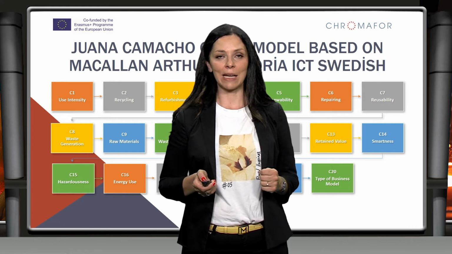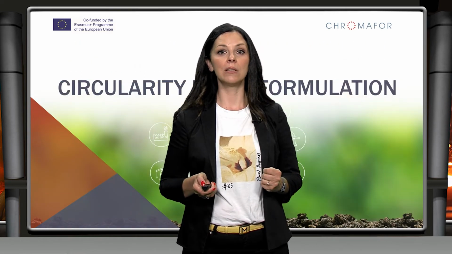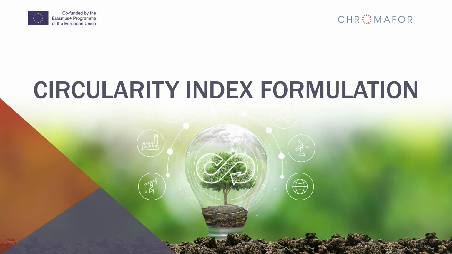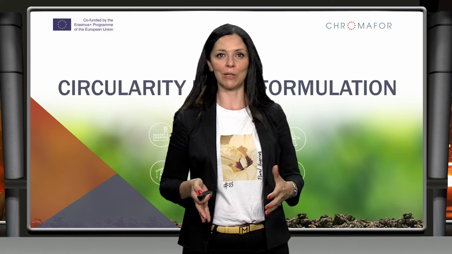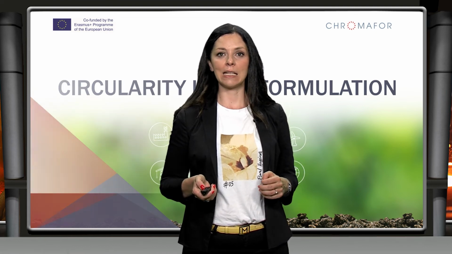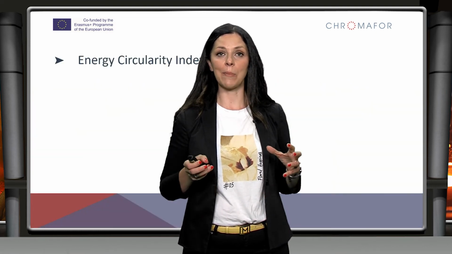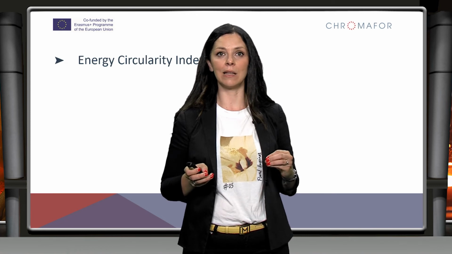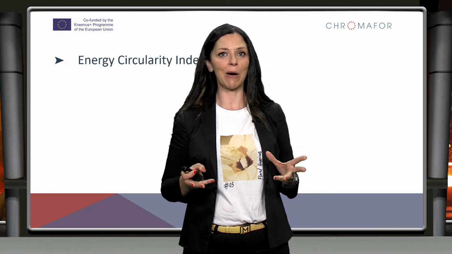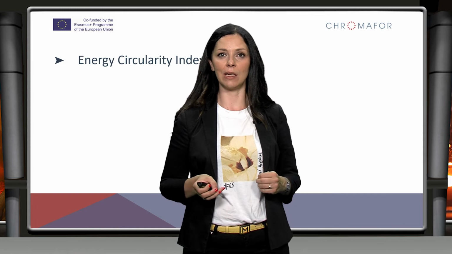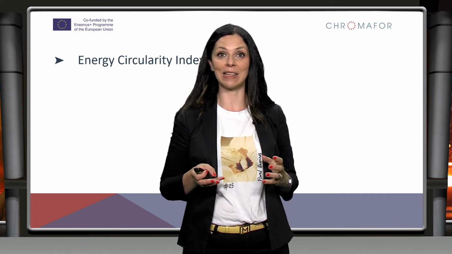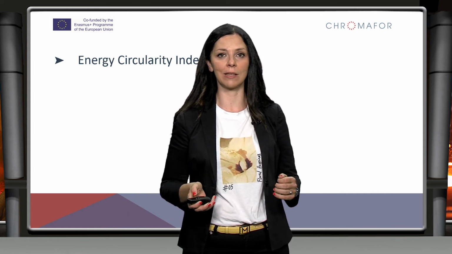Now let's see together the second model, the circularity index formulation. This is another method which is more analytical compared to the previous one, and is based on some specific indexes that will give information about the characteristics of the production process and their impact on the environment.